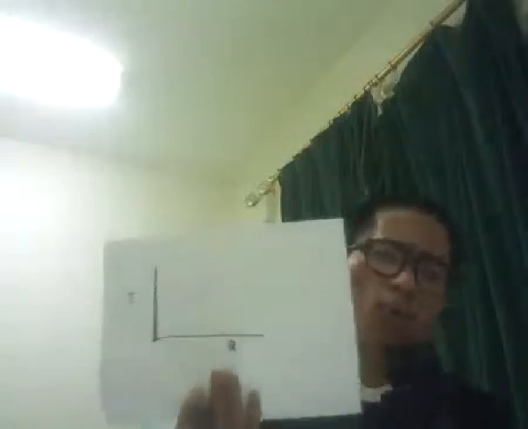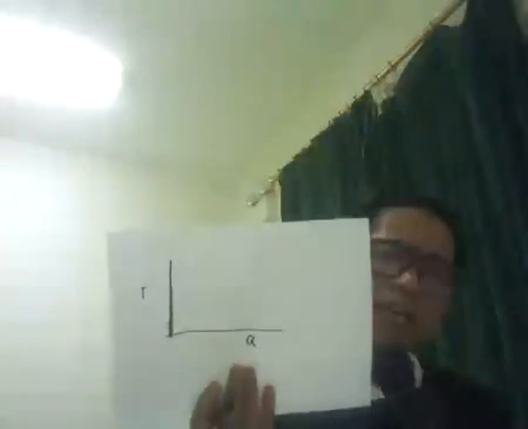So we have the temperature at the y-axis like this. We have also the heat at the x-axis. Since it is negative 30 degrees Celsius, it's below zero.